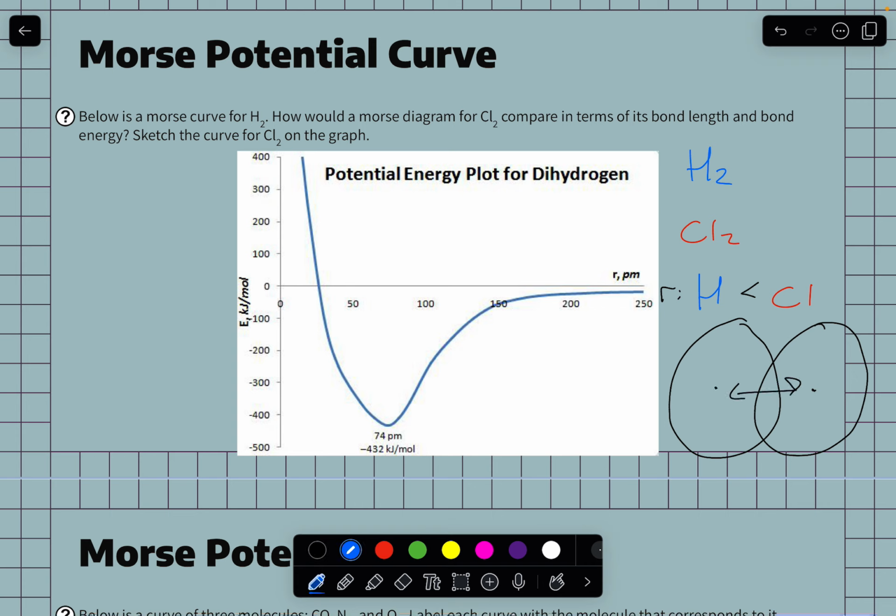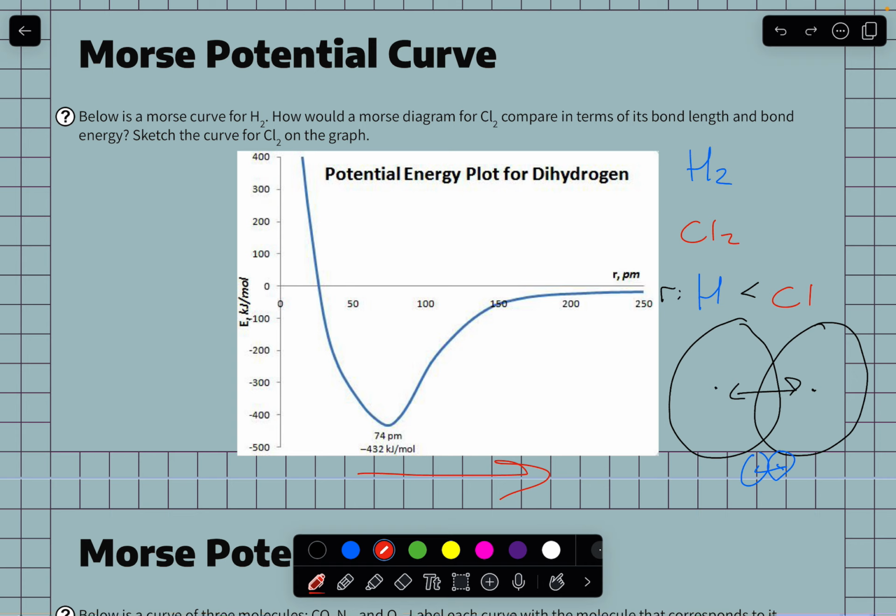Versus H2, if they're smaller, that distance is smaller. If the distance is bigger, we're going to be further to the right. Remember, the x-axis is our radius, our distance.